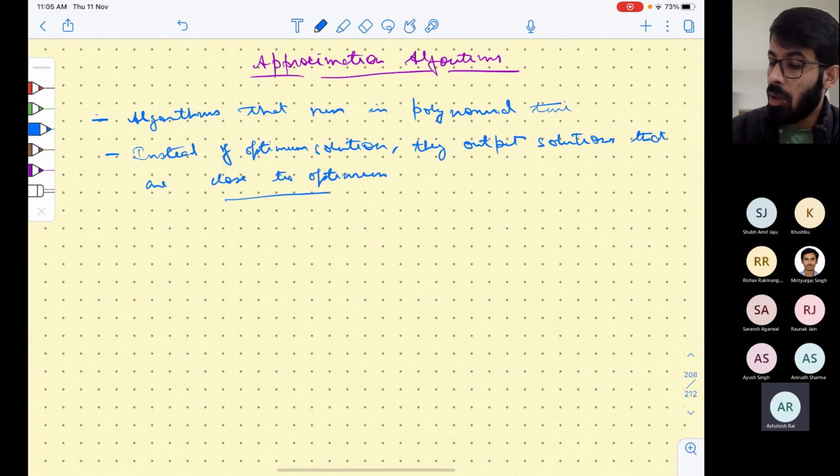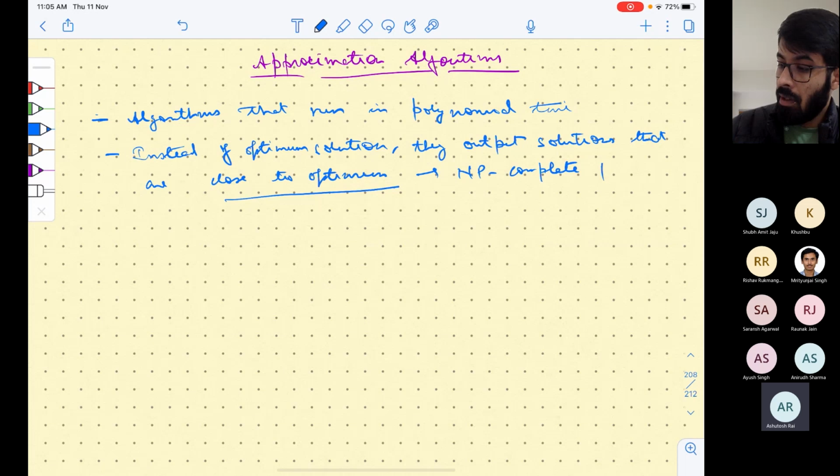And this happens because the problems for which approximation algorithms are used are generally NP complete. So you cannot get the optimum solution in polynomial time, right?